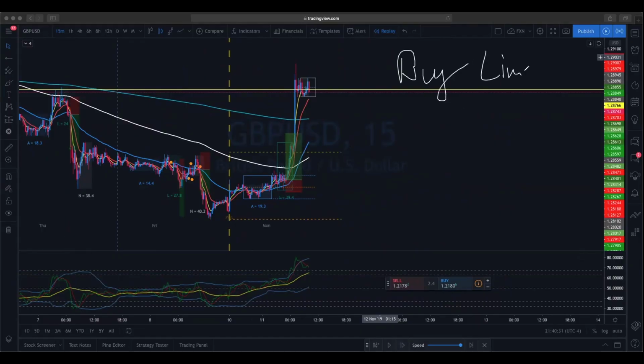Buy limit is basically you saying that I want to place an order, let's say here, to buy. So what would have to happen is price would need to come down below your entry and then spike up, and that would trigger a buy limit order. Same thing for a sell limit order.